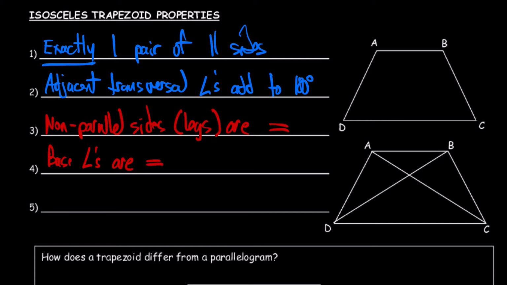Now the base angles, there's two sets of base angles. Base angles aren't just the ones on the bottom. So what I would say here is that angle D equals angle C and angle A equals angle B. So if I'm marking in the figure, I know these two are equal, A and B, and angle D equals angle C. I also know these two sides are congruent. I'll do that in blue.